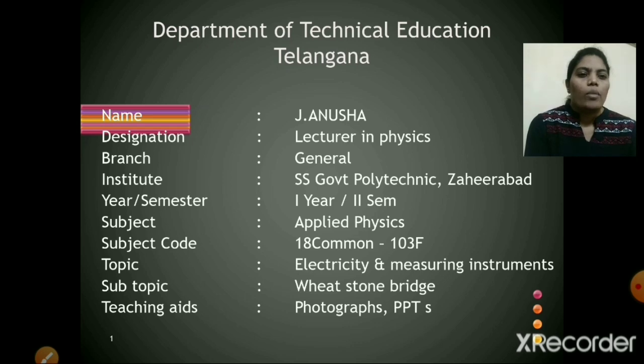The topic we were discussing in previous sessions also, that is electricity and measuring instruments, the fifth chapter from our syllabus. Now in today's session, on completion of this class, we are going to learn about Wheatstone bridge.